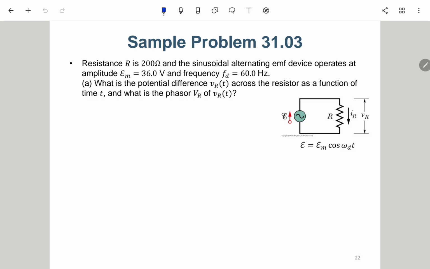So VR. I use the small letter v to represent a time domain function.